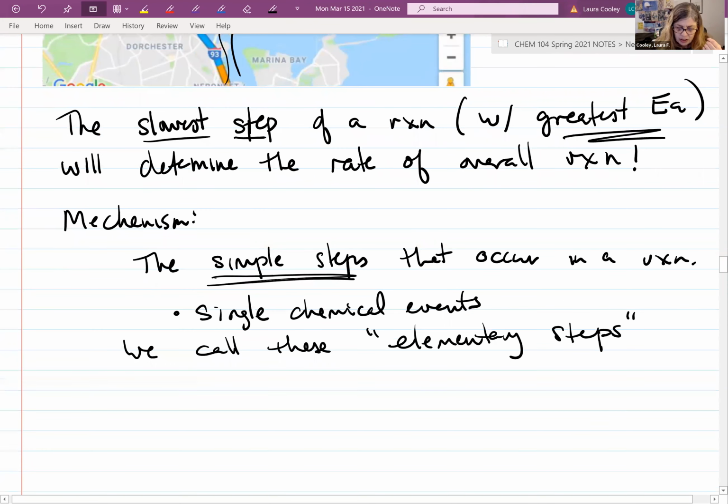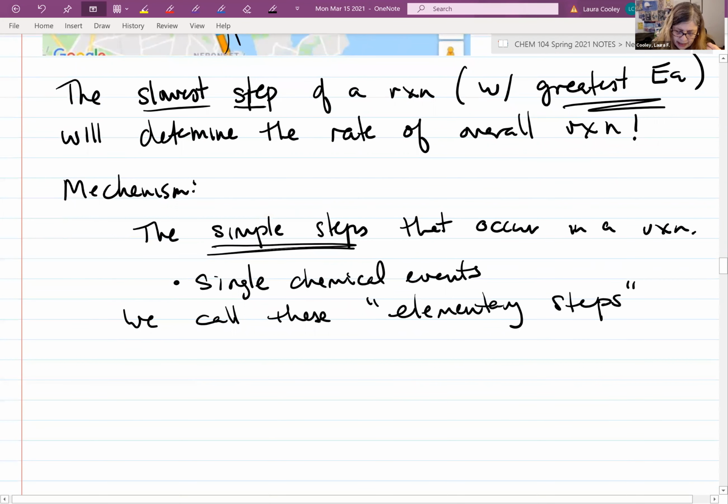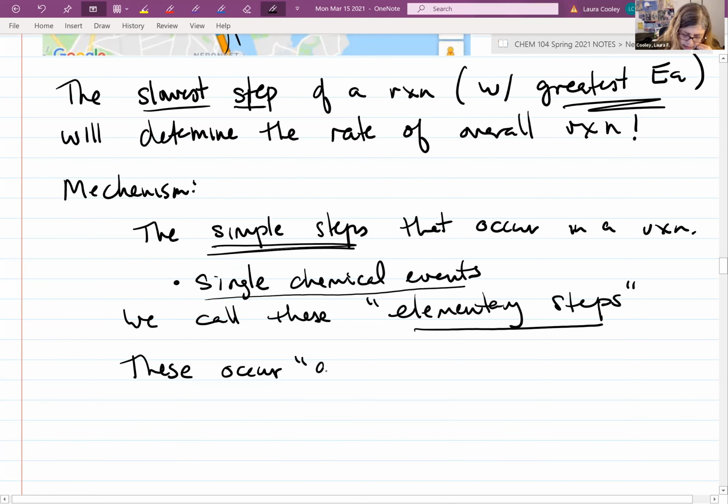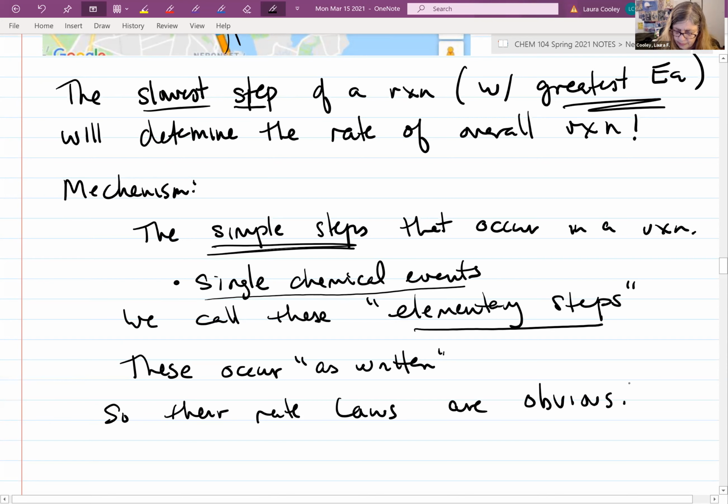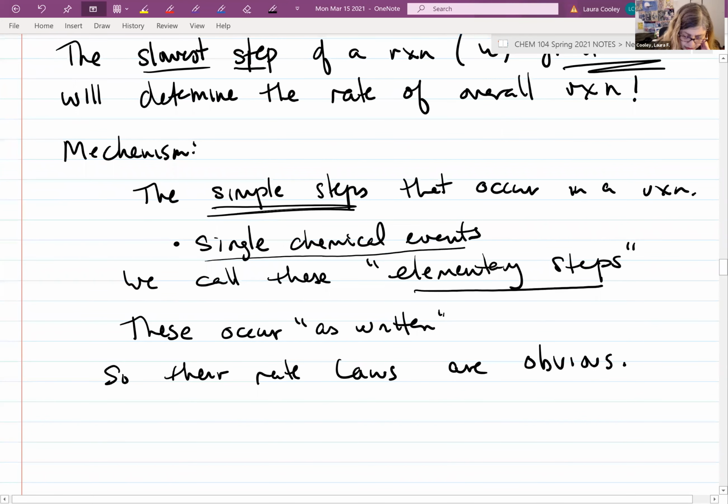Okay, so these elementary steps occur as written, so their rate laws are obvious. I'm going to show you what they are.